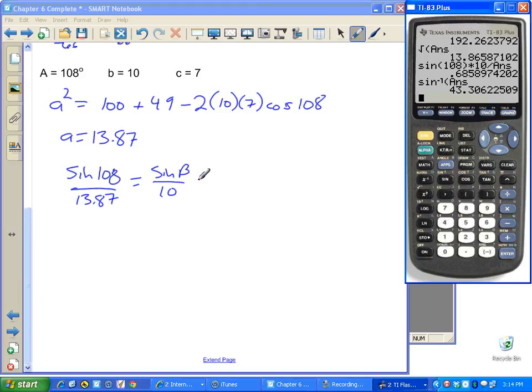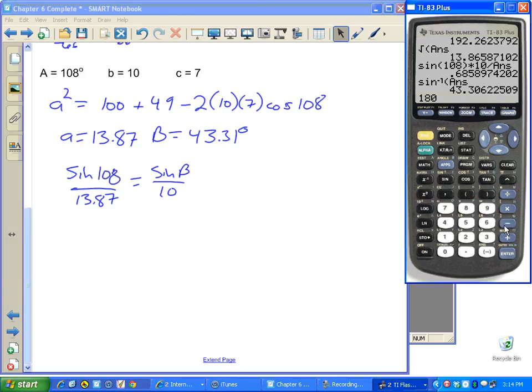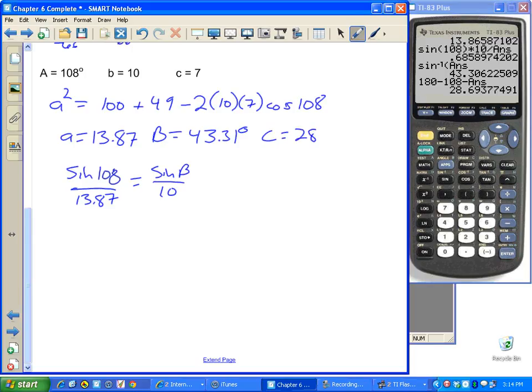That's what angle B is, so B equals 43.31 degrees. Now to get C, I can just subtract those from 180. That's what angle C would be, 28.69. So I've got three angles and three sides. And that's how you do the law of cosines.